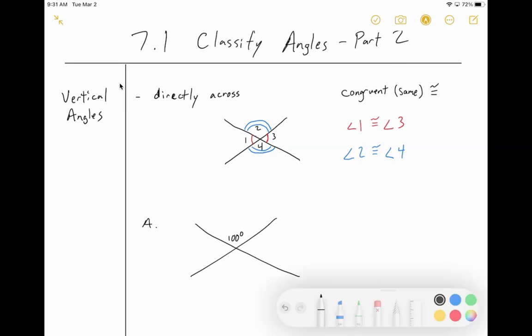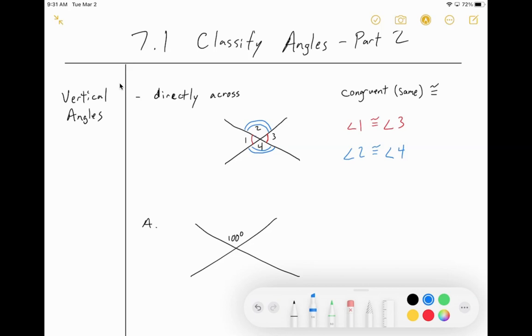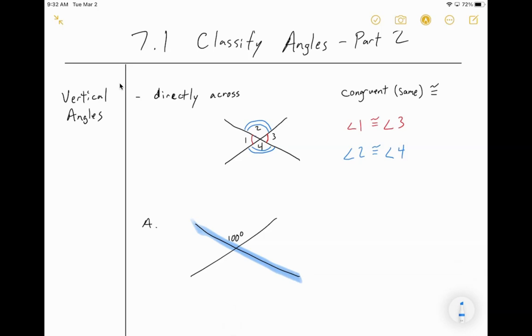Okay. Now, what do we remember about straight lines? How many degrees is a straight line? You guys remember? All right, or a straight angle.